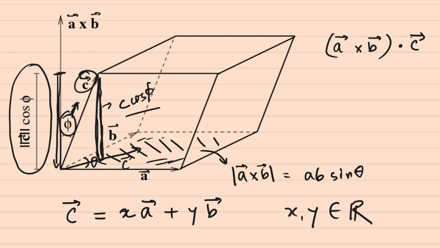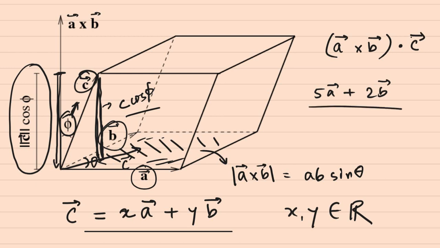But the crux of the matter is that in order to have zero volume, C has to be in the same plane as A and B. And this thing right here is what we call a linear combination. So for example, if I have two vectors A and B, and if I write 5A plus 2B.